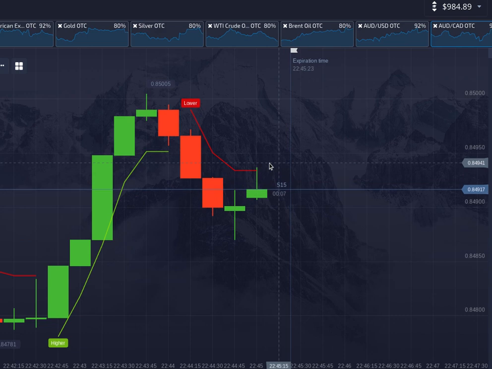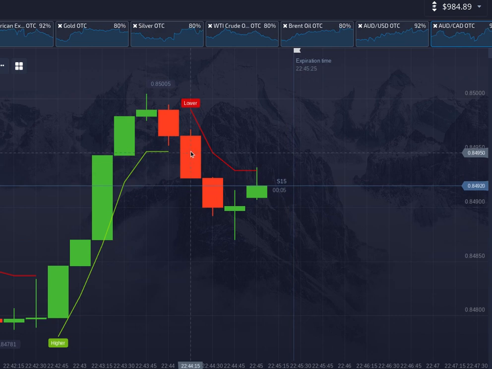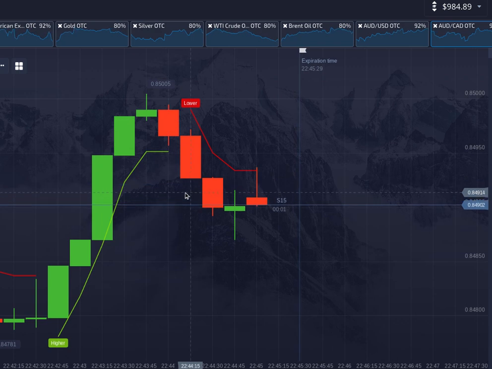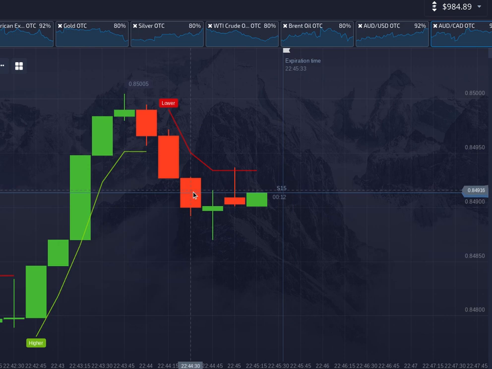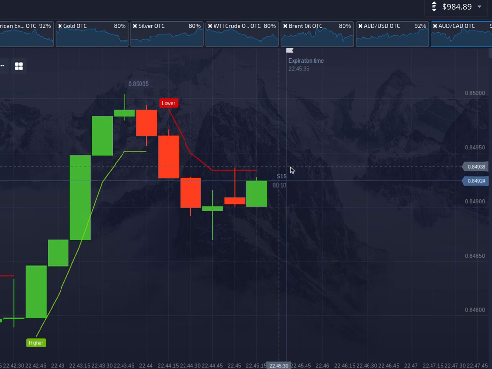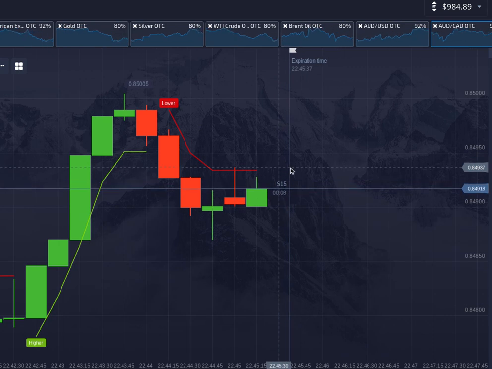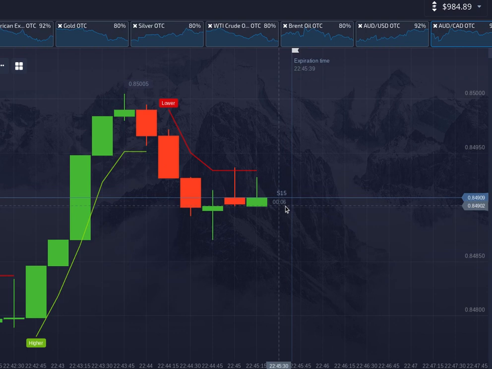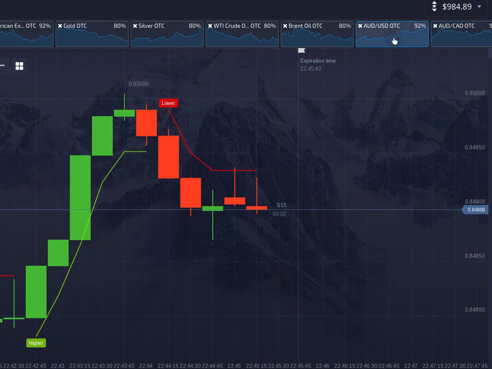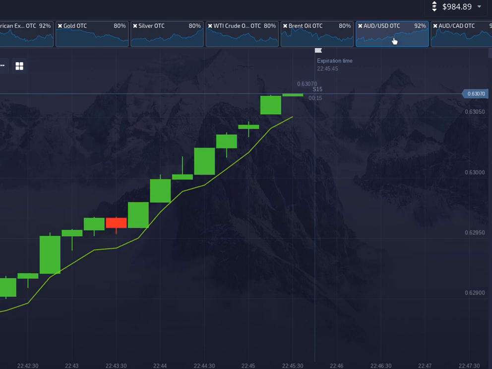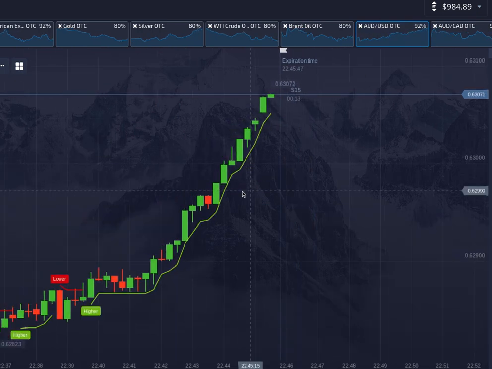So the idea is that when it prints a new super trend change, a change in trend, eventually there's going to be some pushback, and when it pushes back on the 15-second candle, you can do it on 30-second candles or even 1-minute candles. Eventually, within a few candles, hopefully less than 6 or 8, then you're going to win.